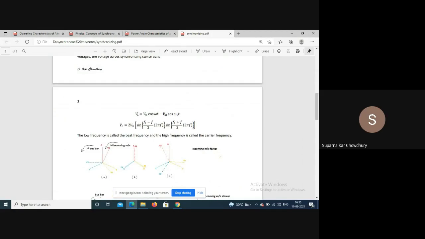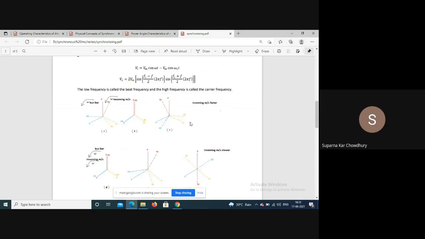Then the voltage across the switch will be Vm cos omega t minus Vm cos omega1 t. So that can be written in this form.